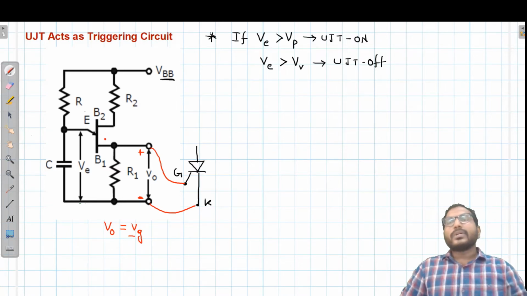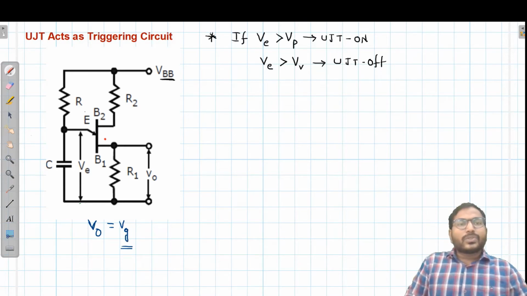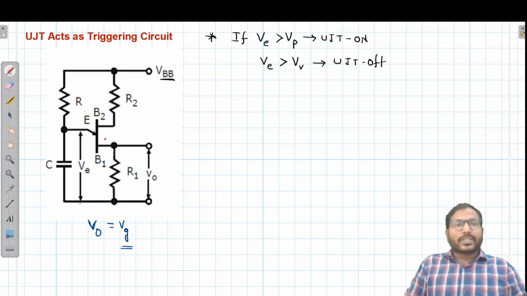Now we are going to discuss how to create a drop across R1. That is the main motto of this lecture. V0, the voltage drop across R1, will act as a gate voltage supply. Observing the circuit, we have 2 paths from the supply.